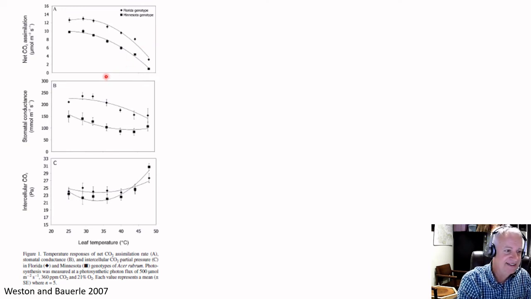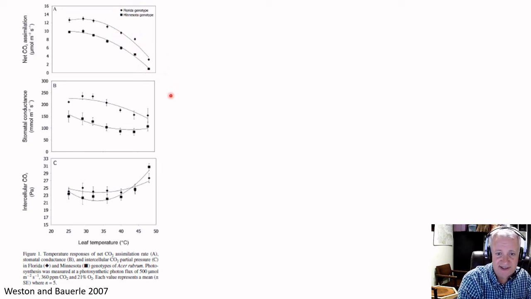What you can see is that at any particular leaf temperature, that Minnesota genotype shows lower rates of net photosynthesis compared to the Florida genotype. And certainly at higher temperatures, you get higher photosynthesis rates in that Florida genotype.